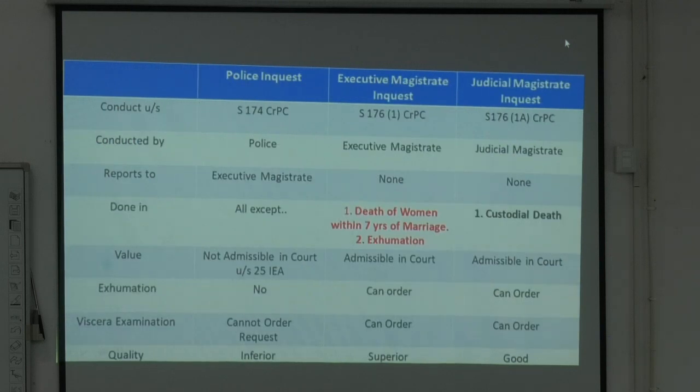So which is the best inquest that happens in India? The best inquest that happens in India is the judicial inquest.